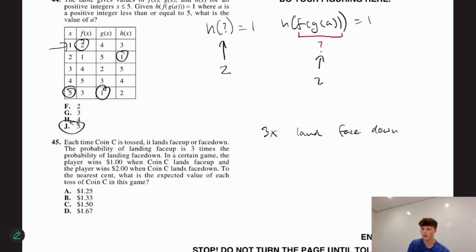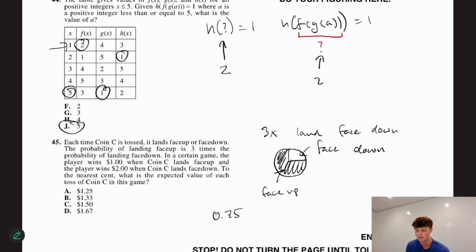So if we wrote this visually, of every coin flip we were to do, if we did infinite coin flips, 3/4 of them, this section would be face up, and this section would be face down. So the probability, the weight distribution, is that 75% of the time, or 0.75 of the total possible outcomes, are going to give you a face-up solution.